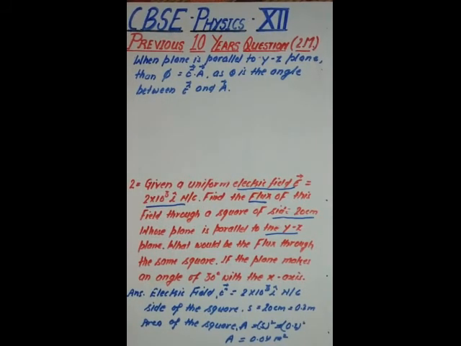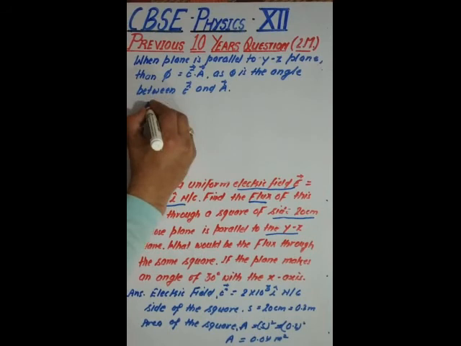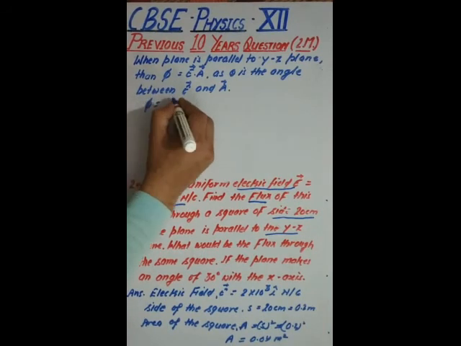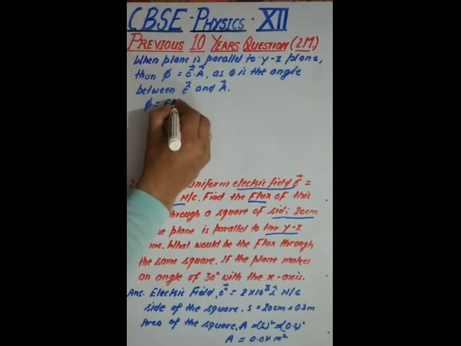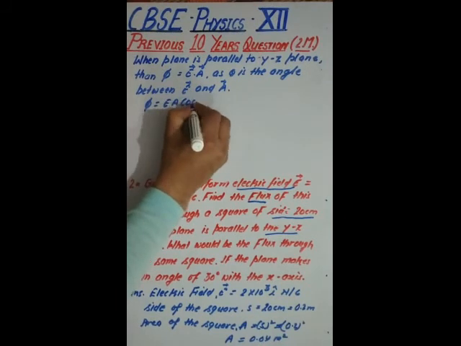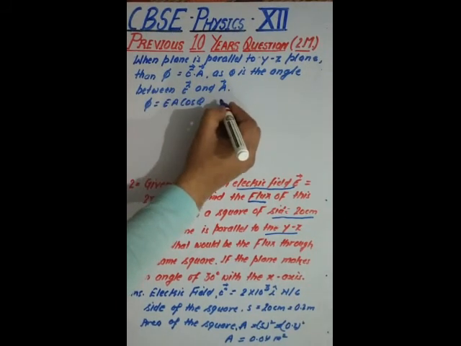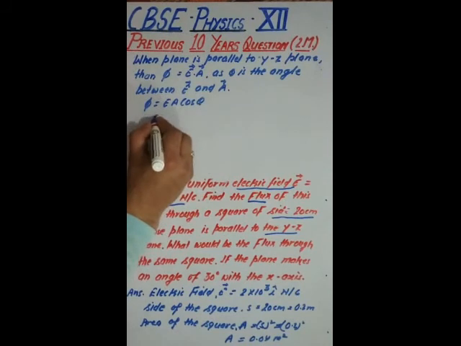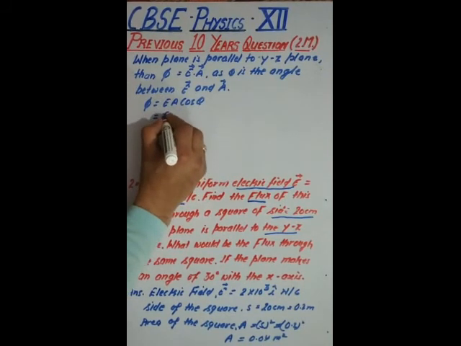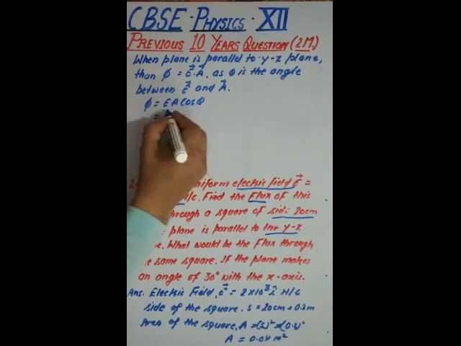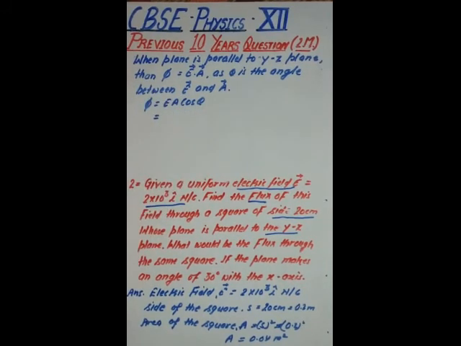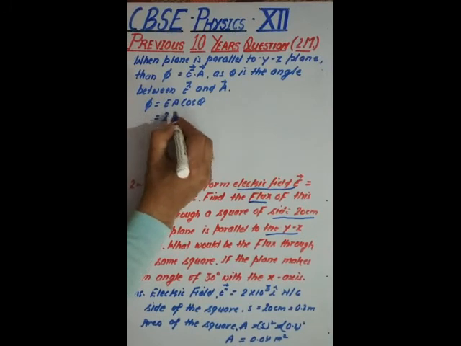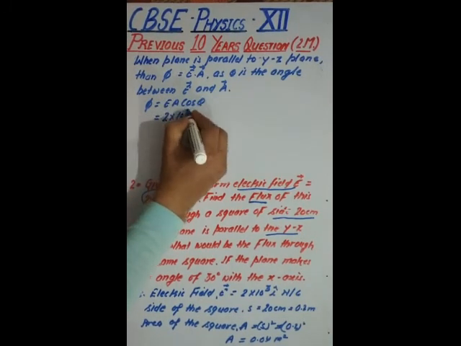So flux will become, flux equals EA cos theta. The value of theta will be 0. So it will become EA cos 0, or we can directly write the value of electric field, 2 into 10 to the power 3.